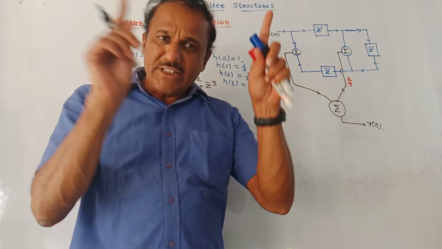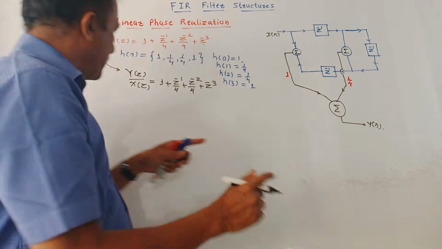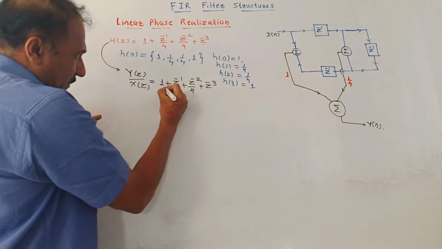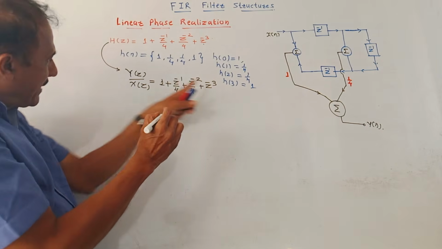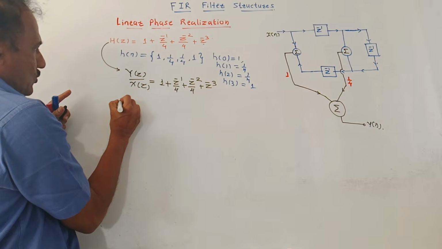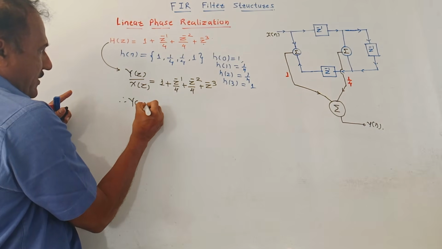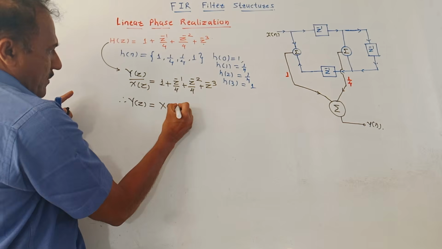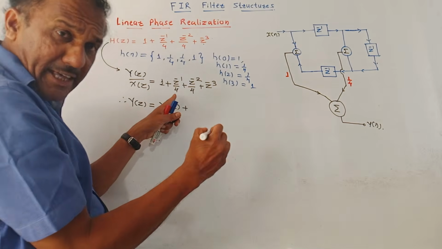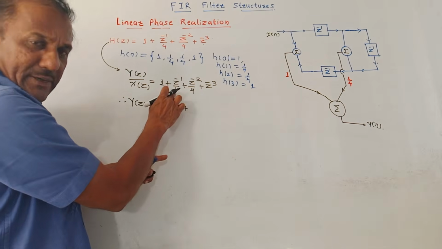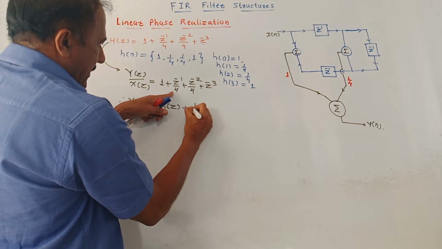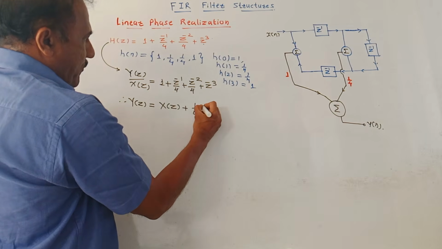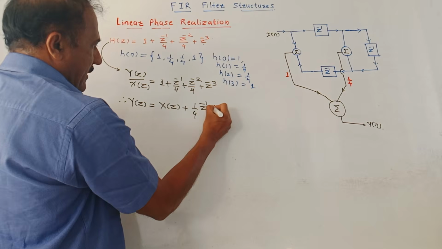Recall: y stands for output, x stands for input. Take the cross multiplication, which means all these terms will be multiplied with X of z. So I will write Y of z is equal to X of z plus, as I said, every term is going to get multiplied with X of z. So it is 1 by 4 z raised to minus 1 X of z.